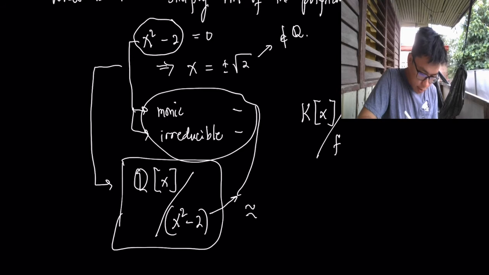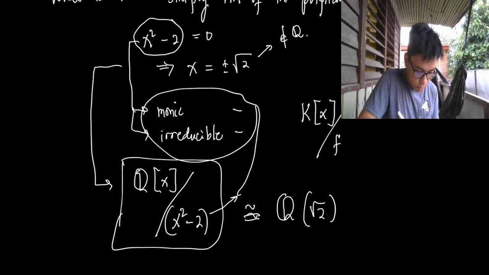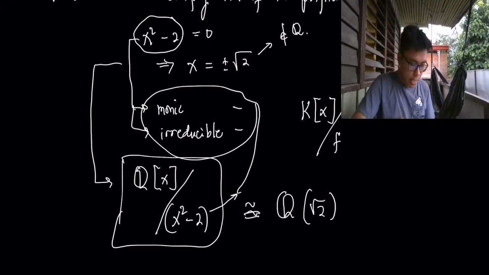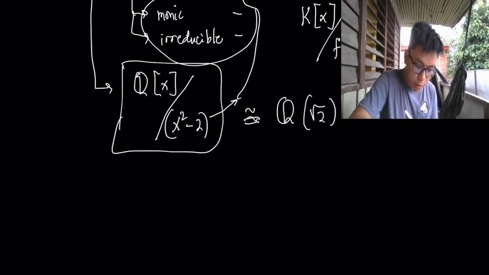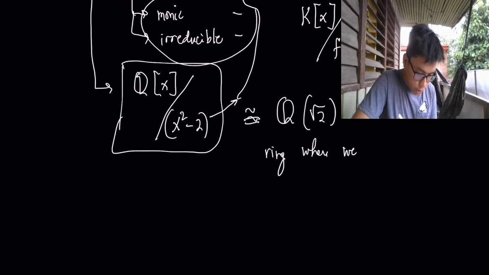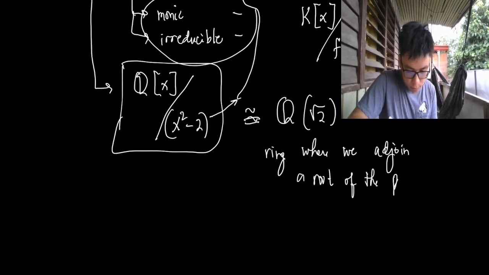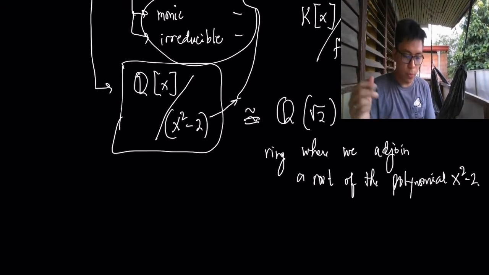In this case, this is isomorphic to Q adjoin square root of 2, which means the ring where we adjoin a root of the polynomial x squared minus 2.